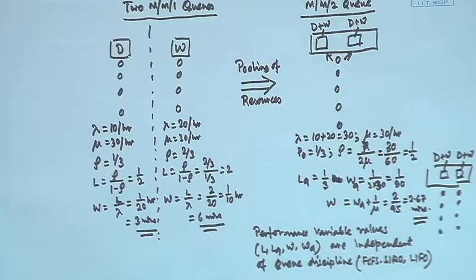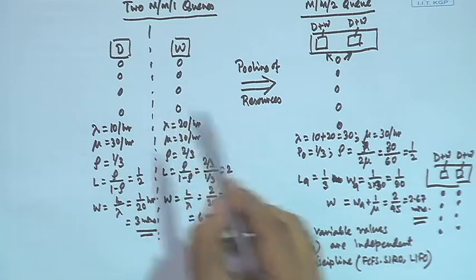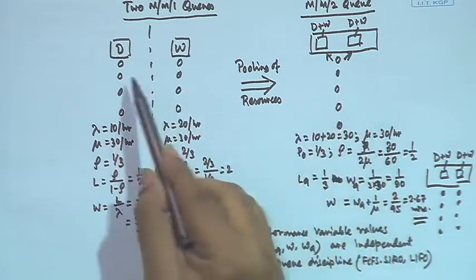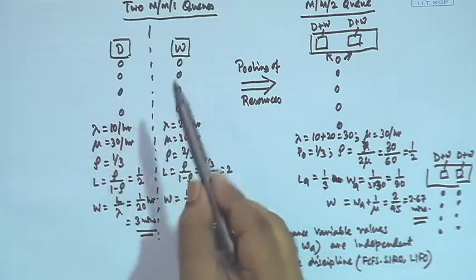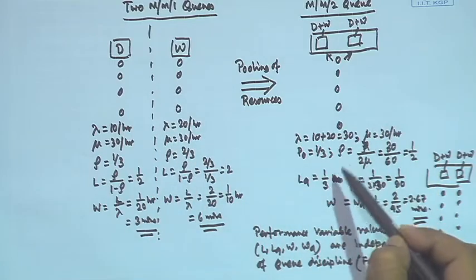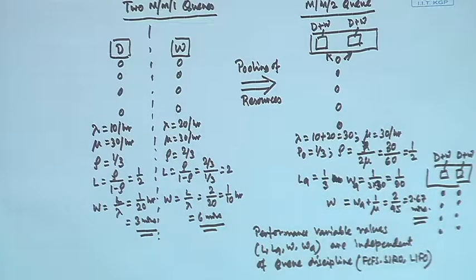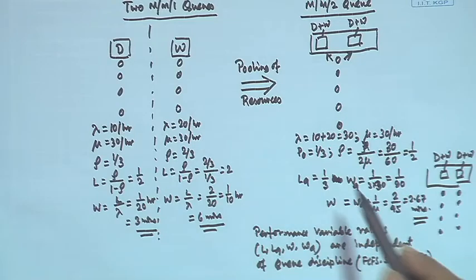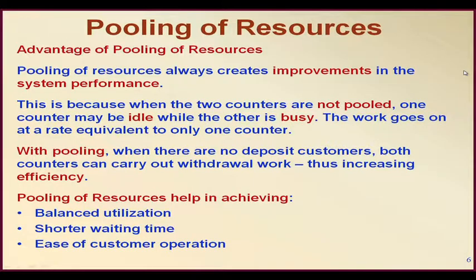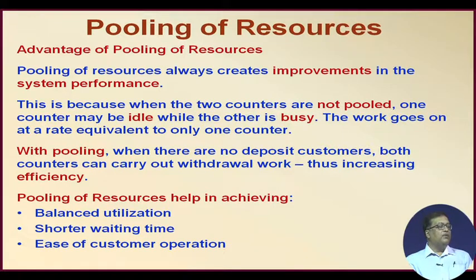But in pooling, since people can do both deposit as well as withdrawal, no counter will remain free as long as there are customers. This reduces the free period of individual counters, pools the resources, and shows better performance. That is the advantage of pooling of resources. It creates improvements in the system performance.